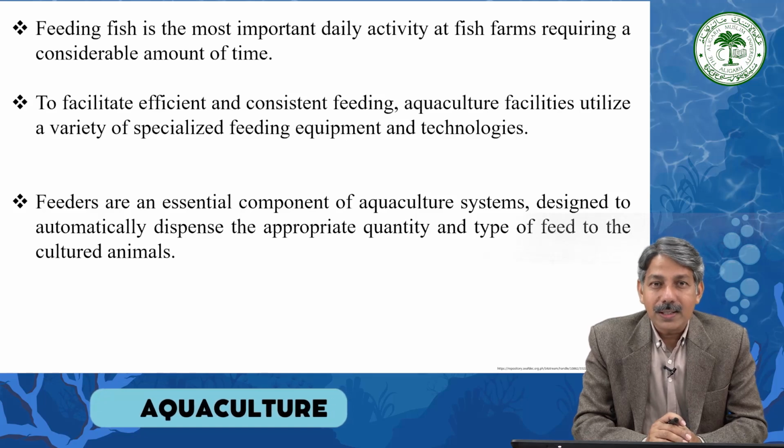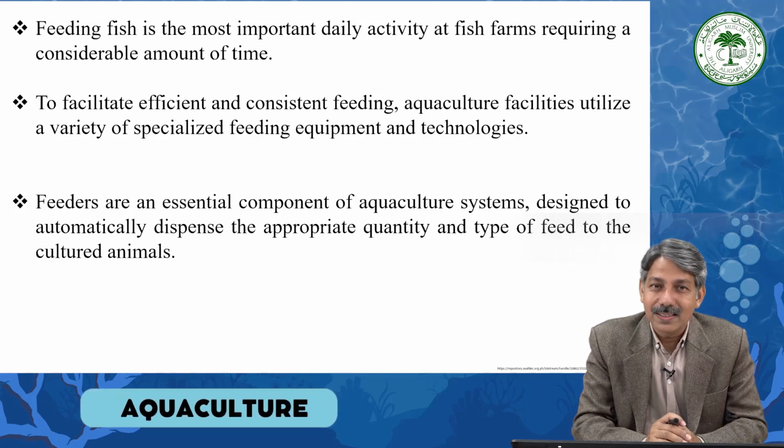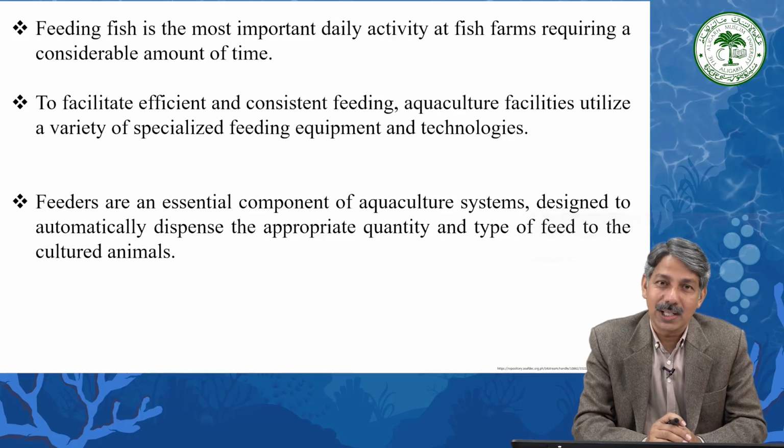When you are doing aquaculture, we all know that feeding is one of the most important and essential parts of the aquaculture process, which is a continuous practice that you have to do every day.